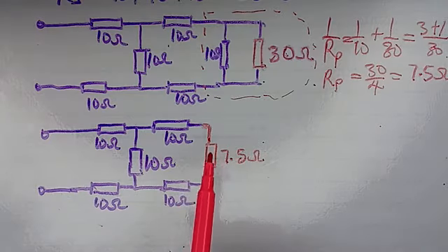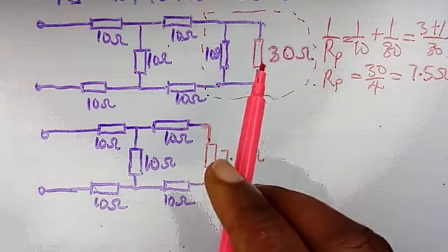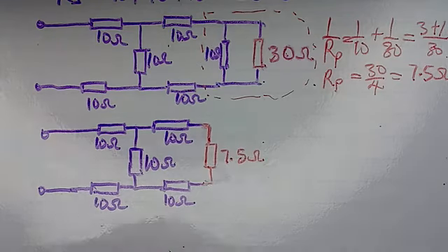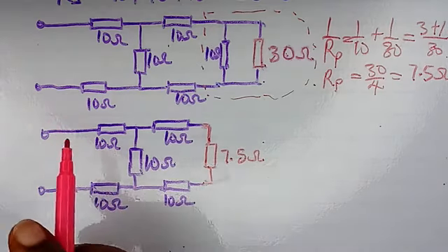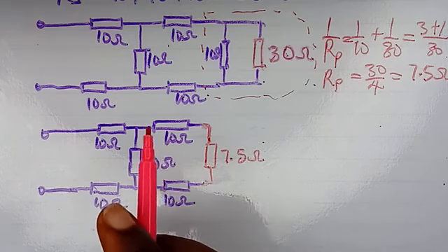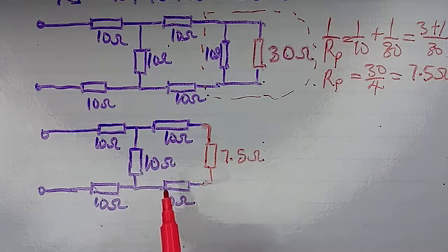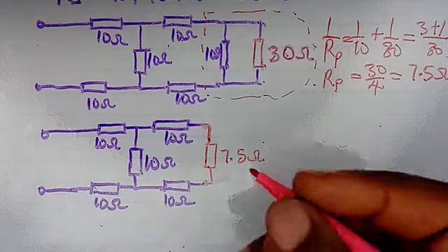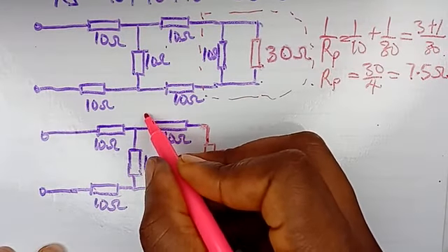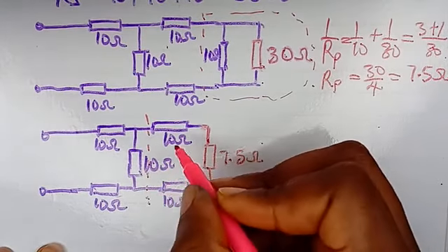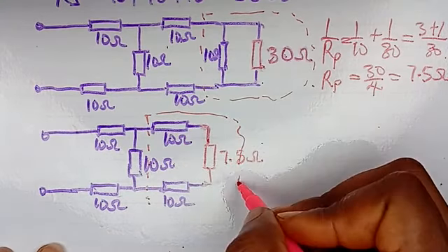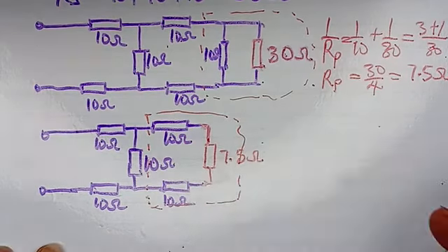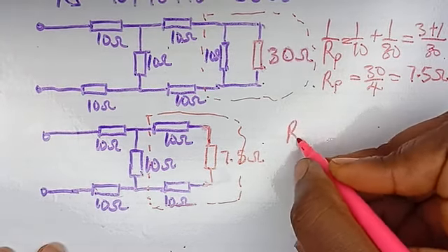Then this now represents this combination, right? Good. So just like we did at first, when we trace, we get to the last part, and we can see that these three are in series to each other. So we have to draw a boundary line once again to show that these three resistors in series are what we are going to resolve.